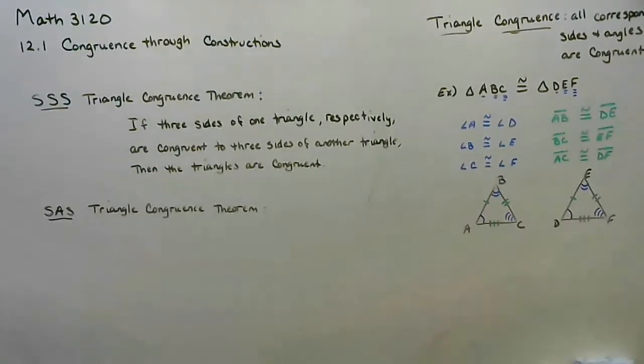okay? So if you have two sides and the included angle of one triangle are congruent to two sides and the included angle of another triangle, then the two are congruent.